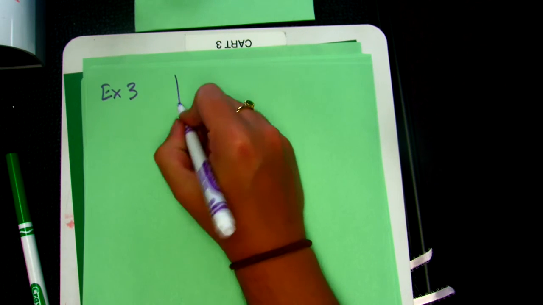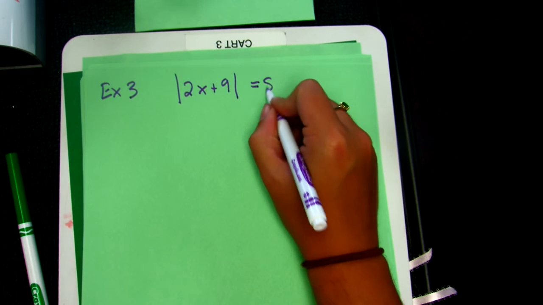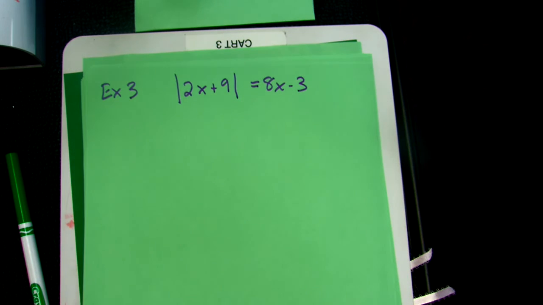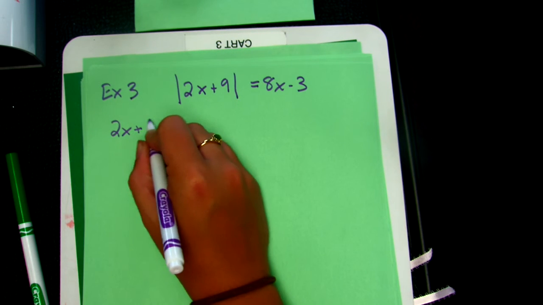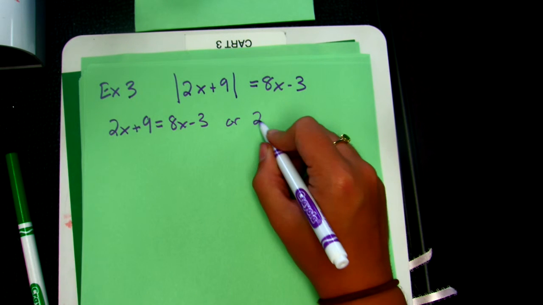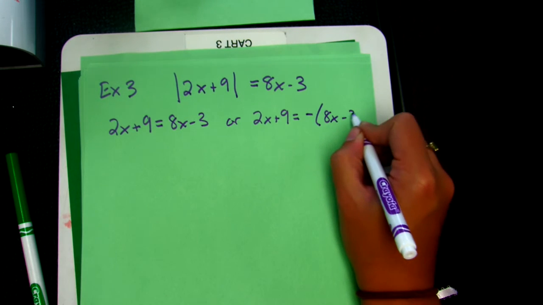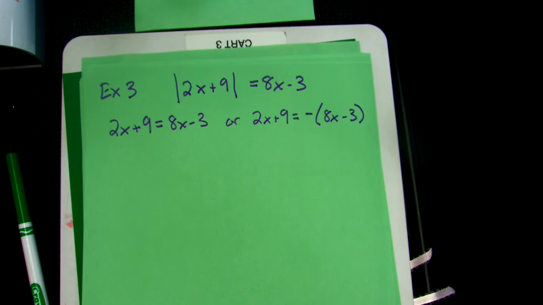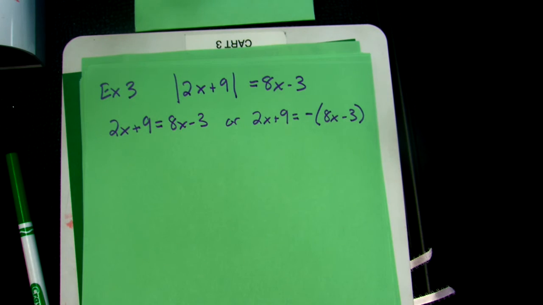We're going to do example 3, which says solve the absolute value of 2x plus 9 equals 8x minus 3. Our absolute value is isolated, so we can apply the definition and set up two equations. So 2x plus 9 is equal to 8x minus 3, or 2x plus 9 is equal to the opposite of 8x minus 3. Just have to put that in a group. So now for both sides.